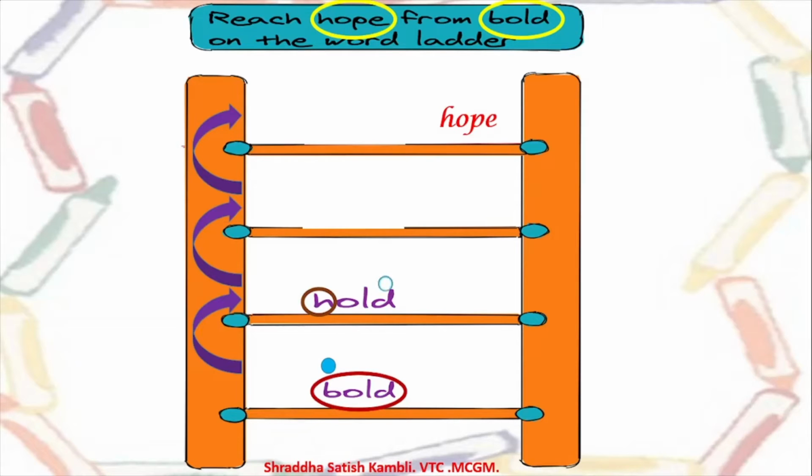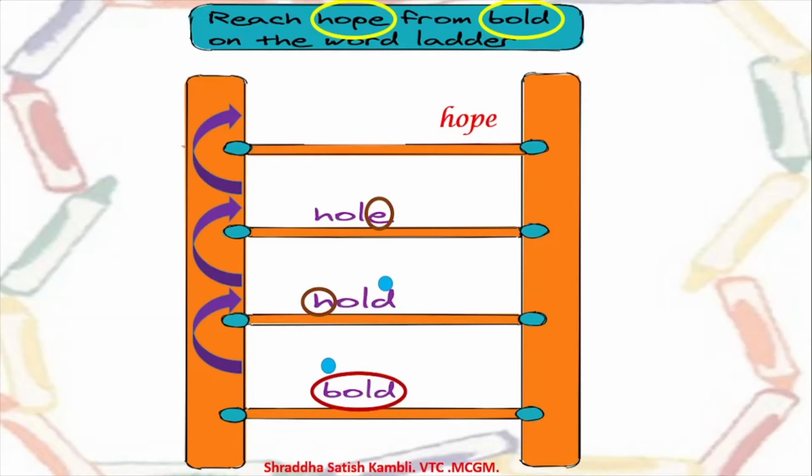So let us pick up the letter D and let us change it and let us go up. So what did we do? We changed the D to E. Alright, so H-O-L-D became H-O-L-E. Now B-O-L-D became H-O-L-D and then in turn became H-O-L-E.